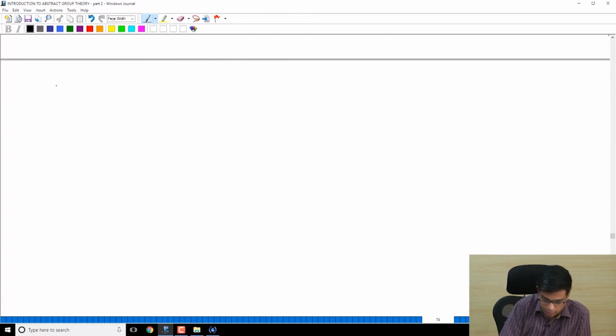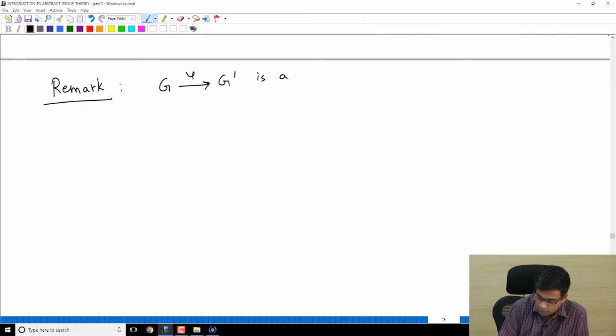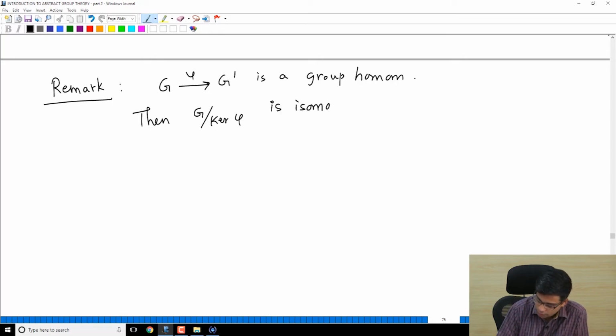One remark I will make before I continue with the second isomorphism theorem. Let's say that phi from G to G prime is a group homomorphism. Then G mod kernel of phi is isomorphic to a subgroup.